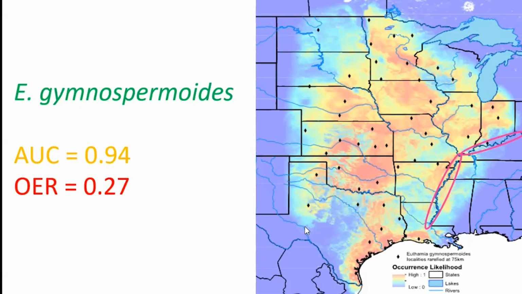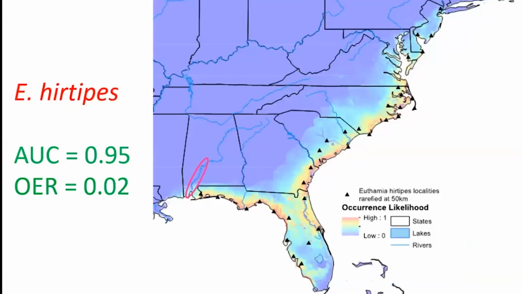One is, of course, a medium or high quality prairie species, and then below, it's a coastal species in southwestern Texas and southeast Texas and southwestern Louisiana.